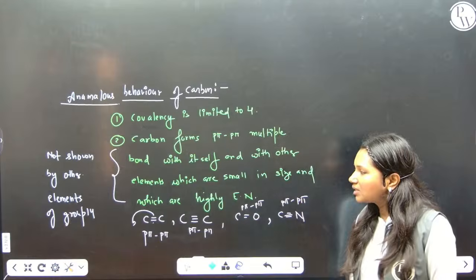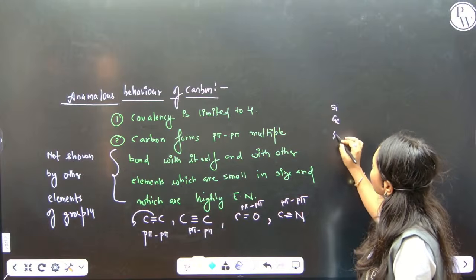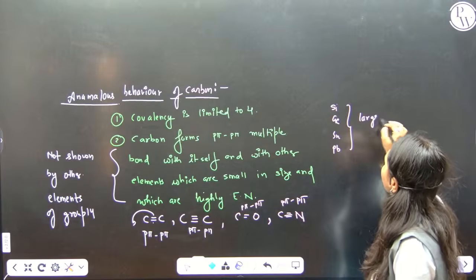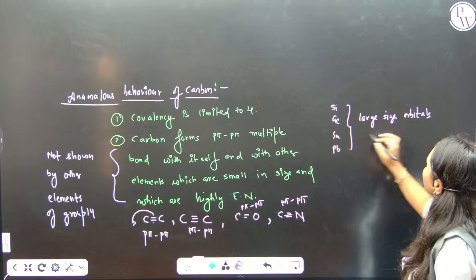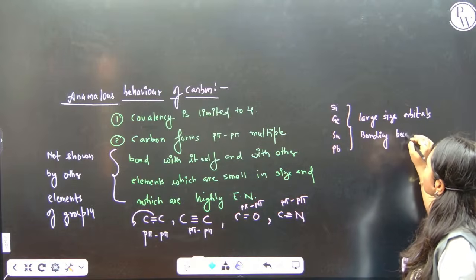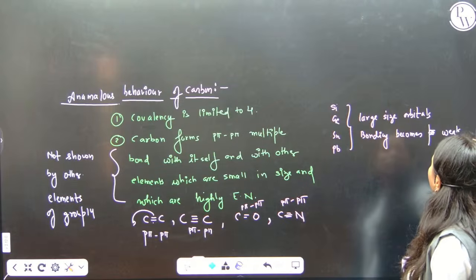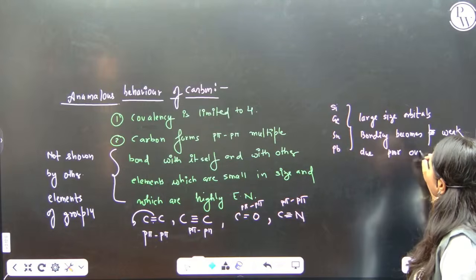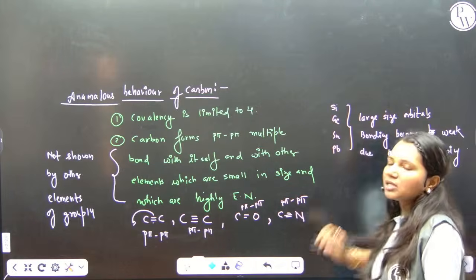If you take silicon, germanium, tin and lead, they have large-sized orbitals. Bonding becomes weak due to poor overlapping. We know that a covalent bond depends upon orbital overlapping.